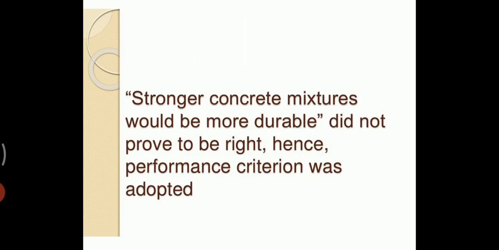Then the idea that stronger concrete mixes would be more durable did not prove to be right. Hence performance criteria was adopted. Suppose we have high strength concrete. Our ultimate aim is to increase the strength, and that point is achieved, but the concrete should also perform well from another point of view, such as durability and other parameters, corrosion resistance, weather resistance, environmental resistance.